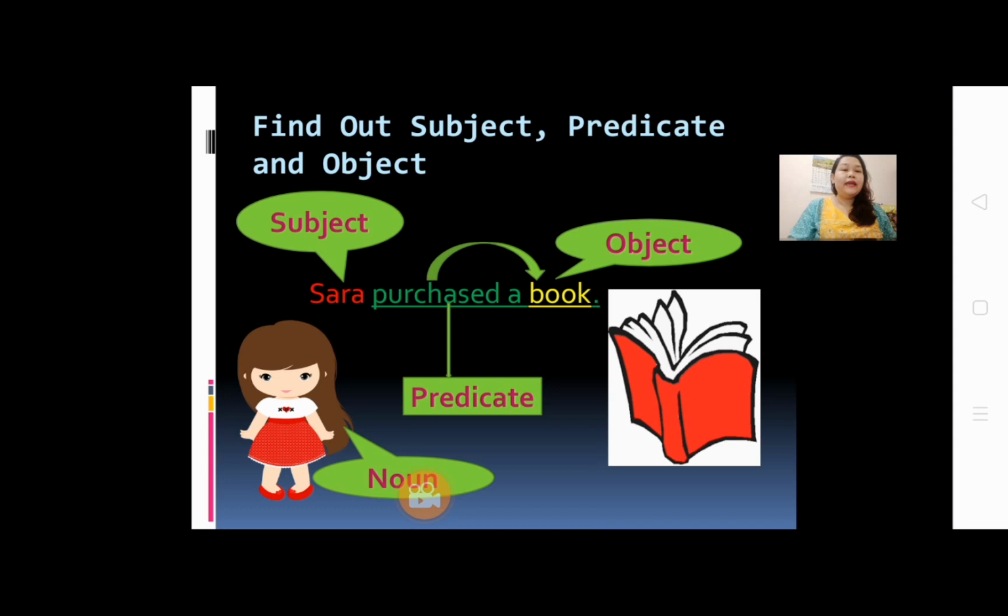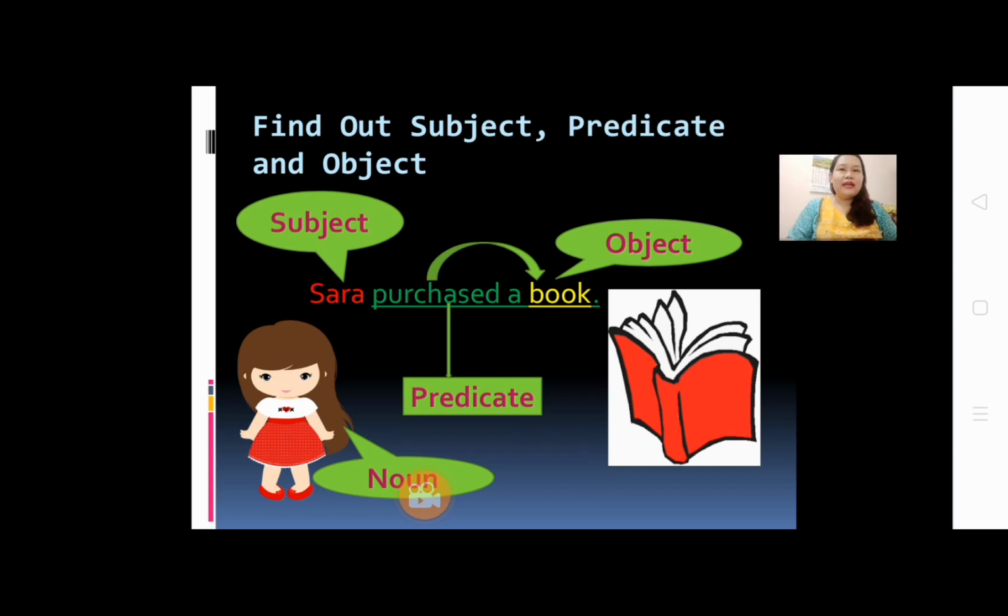So now we have covered all the three parts of a sentence. I hope that you will be able to find out these parts from any given sentence, right? So let's do some exercises to find out subject, predicate and object. The first one is Sarah purchased a book.